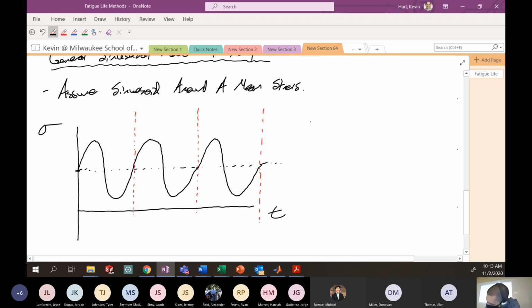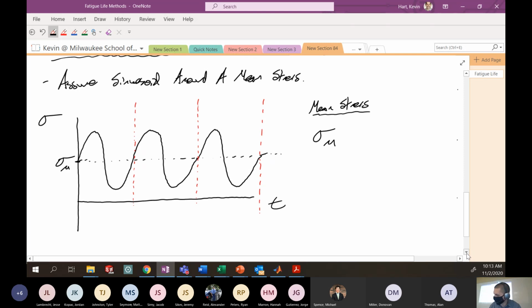The first we'll talk about is the mean stress, and that is this value here, the stress about which we're cycling. We call this sigma m, and I'll give an equation for that in just a second after I define some of the other terms.